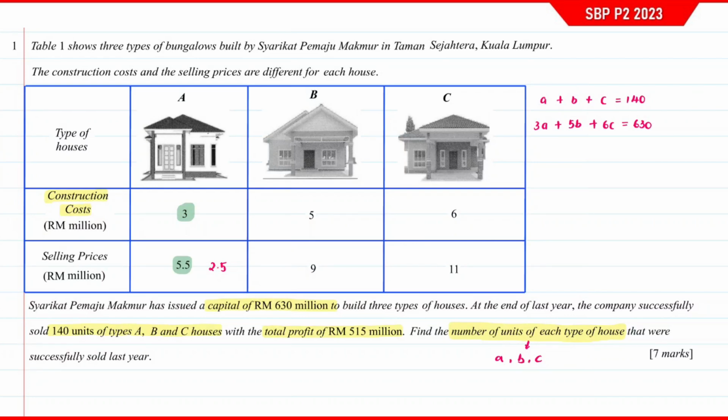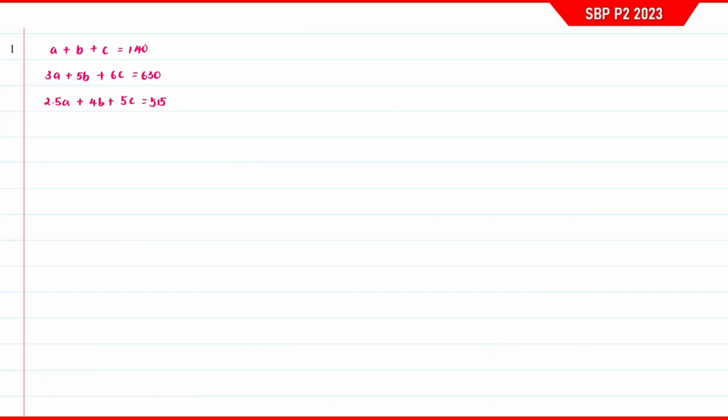And for house type B, 9 million minus 5, the profit will be 4 million. And for house type C, 11 minus 6, the profit will be 5 million. So the third equation will be 2.5A plus 4B plus 5C, equal to 515.